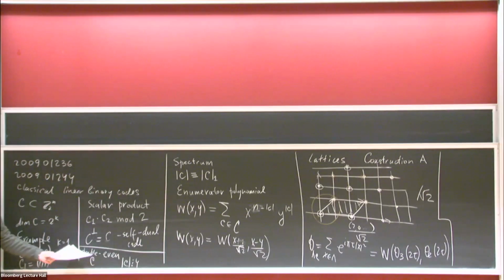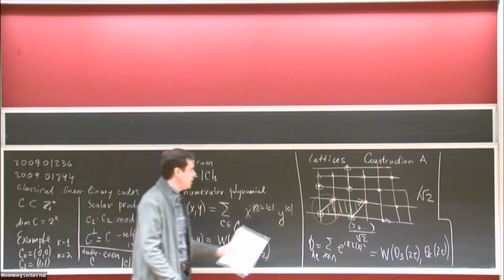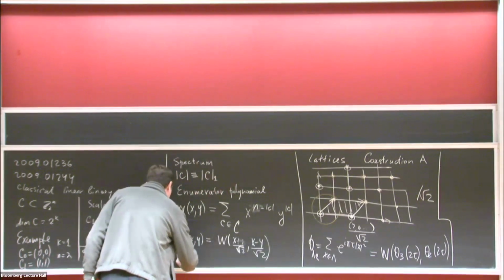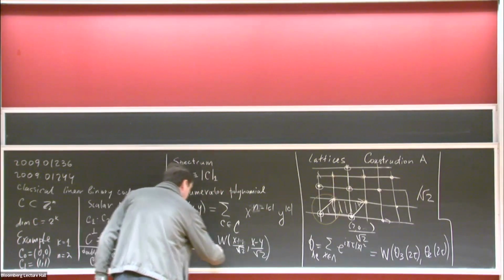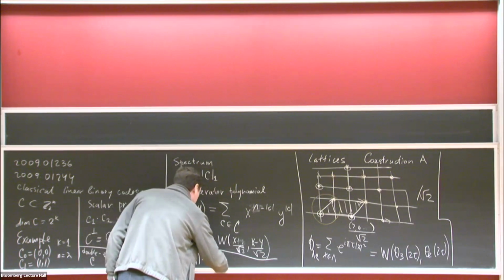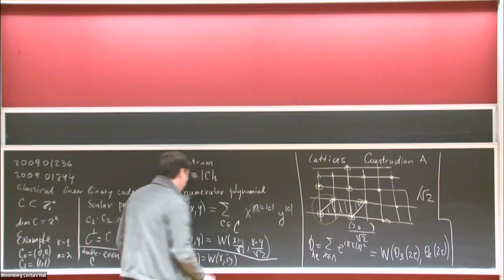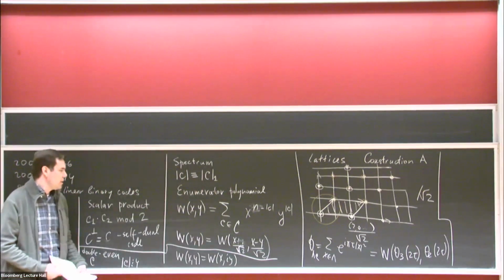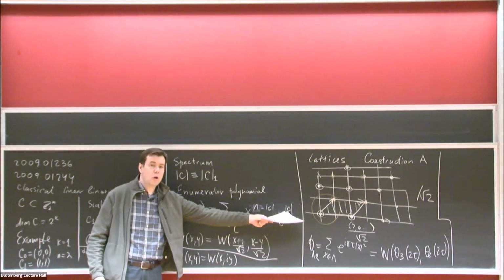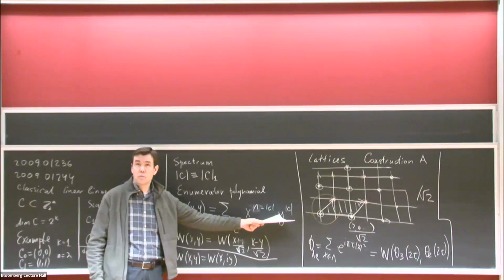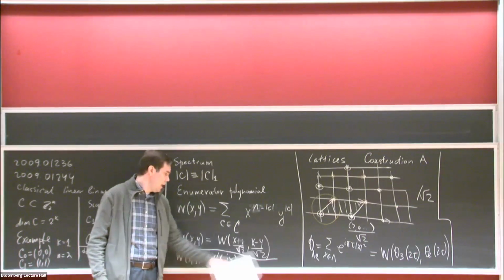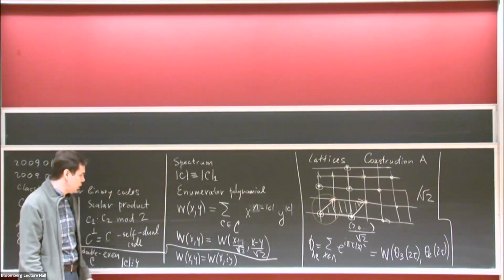If the code is doubly even, it's not difficult to see that in this case, this lattice will also be even. And it is also easy to see that in this case, this polynomial W would satisfy a very simple algebraic identity. I can multiply variable y by i. That's completely obvious from here because all C are divisible by 4. And therefore, if I multiply variable y by imaginary i, then the polynomial will not change.